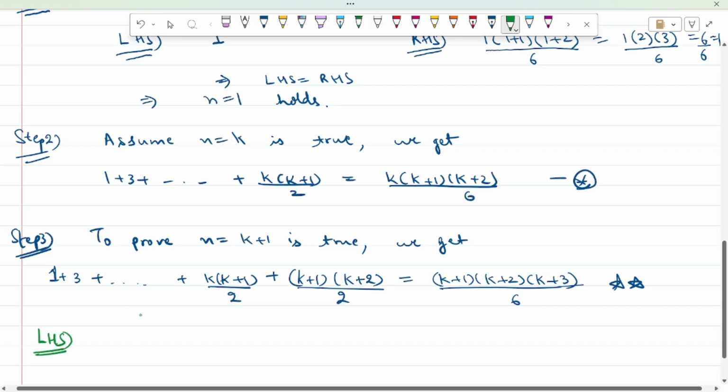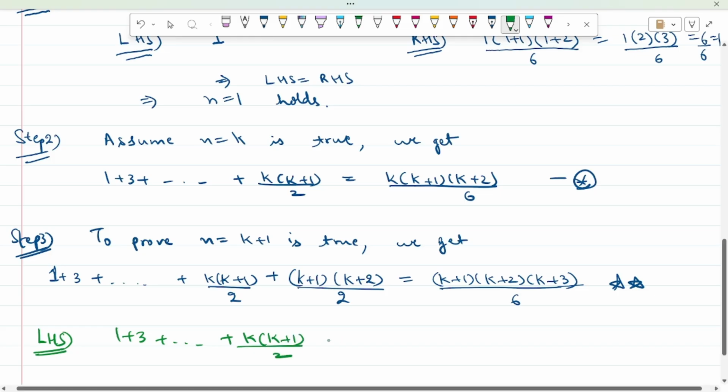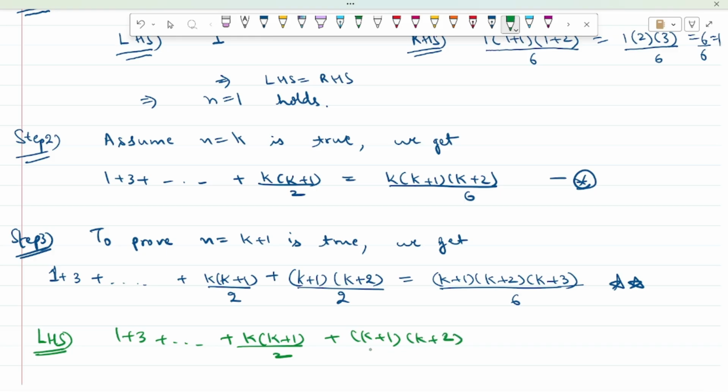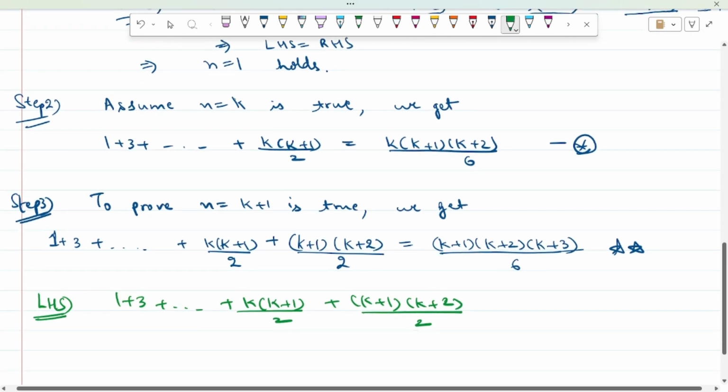So LHS. You need to rewrite it once again: 1 plus 3 and so on up to k plus 1 over 2, plus k plus 1, k plus 2 over 2. Can you see that till this spot it is the same as the assumption? So we will be using that.